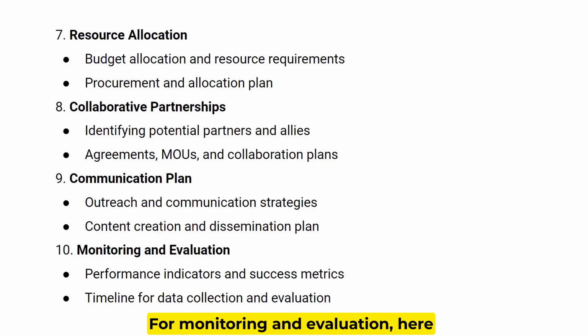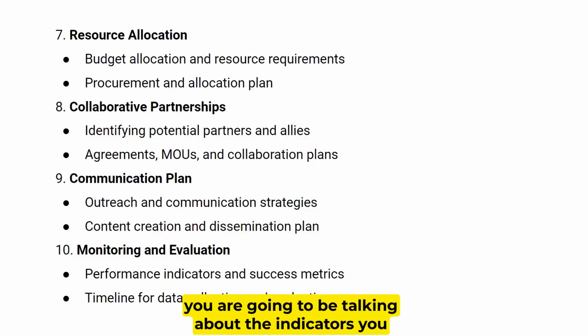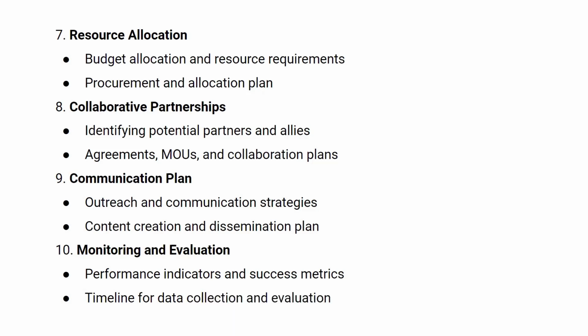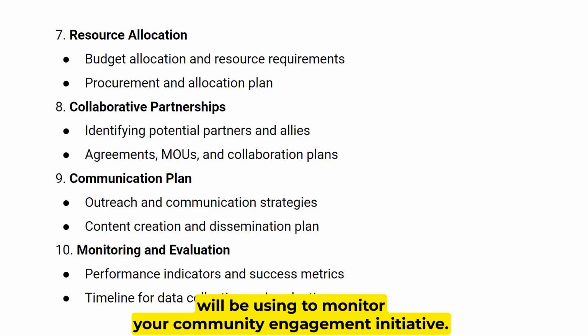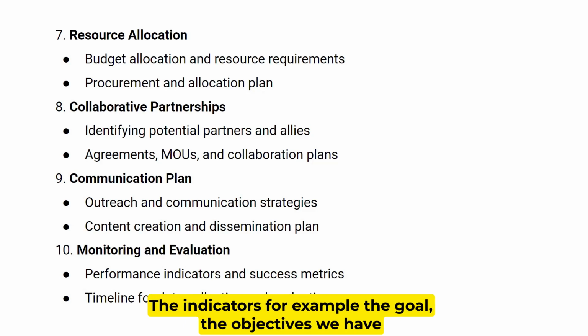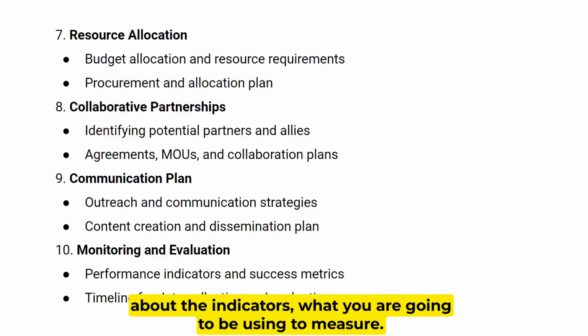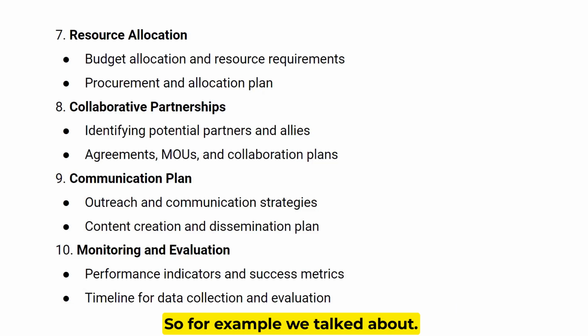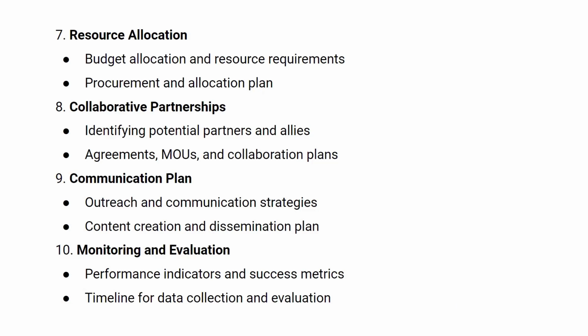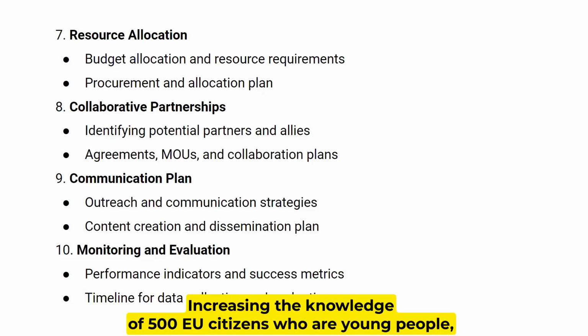For monitoring and evaluation, here you are going to be talking about the indicators you will be using to monitor your community engagement initiative. For example, the objectives we have talked about earlier. We talked about the indicators, what you are going to be using to measure. For example, we talked about increasing the knowledge of 500 EU citizens who are young people.